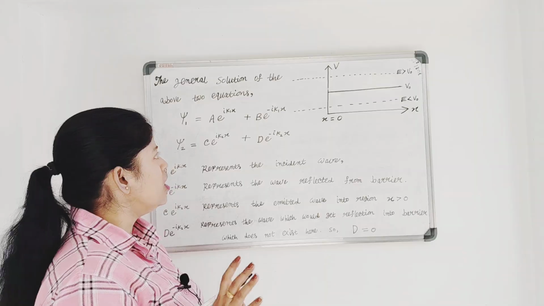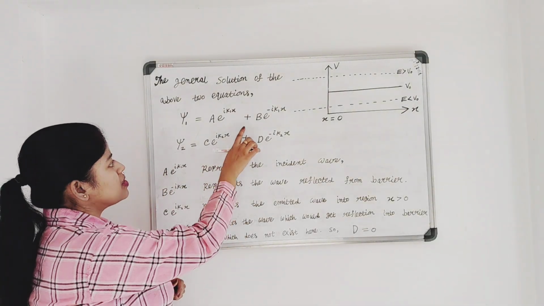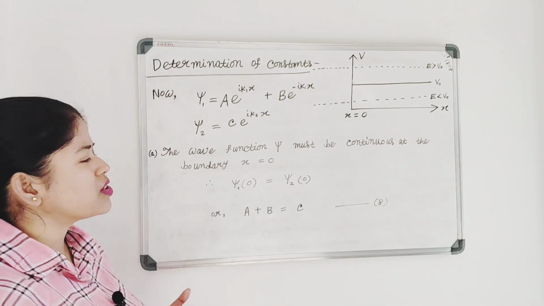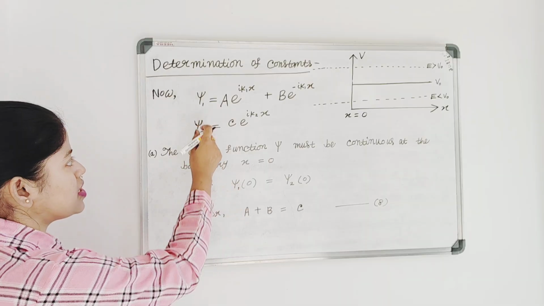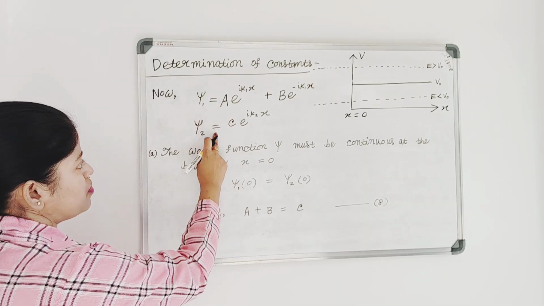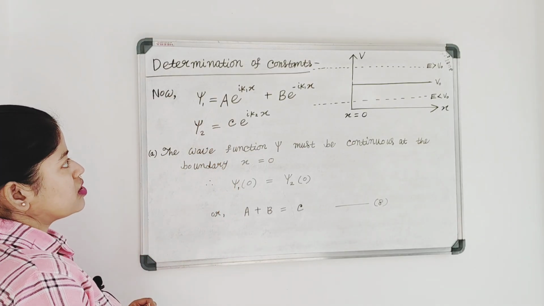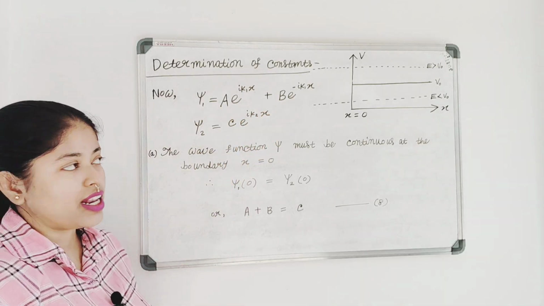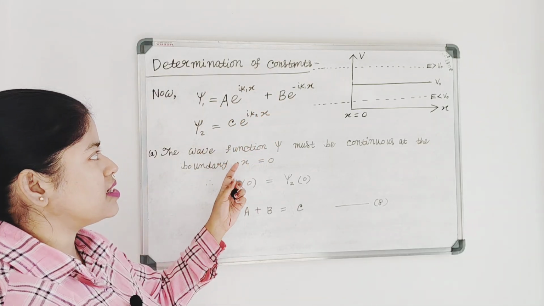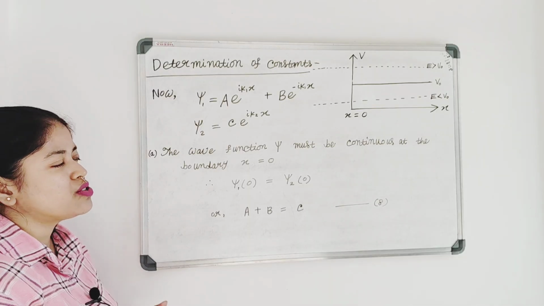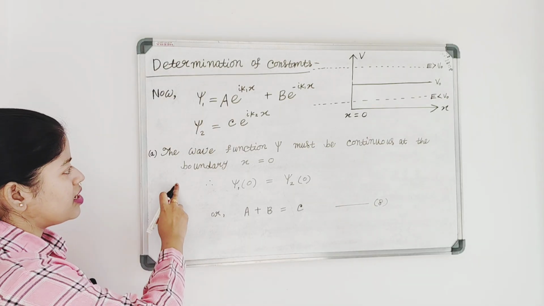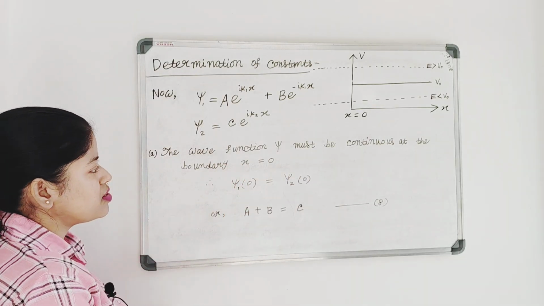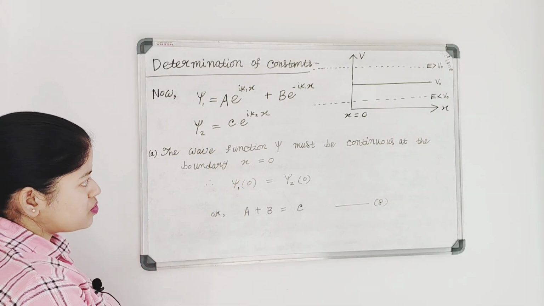Now we need to calculate the values of B and C in terms of A. We have our two expressions of the wave functions psi 1 and psi 2 in this form, and to calculate the constants B and C in terms of A, we need to consider two conditions. Condition 1 is that the wave function psi must be continuous at the boundary x equals 0.